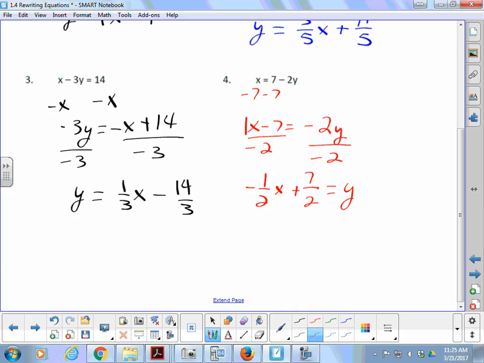All right? So the big thing is, remember, I want to get the y by itself, and I can only combine like terms, so if I'm adding or subtracting 7 from x, then it's x minus 7. It's not negative 7x or something else. All right, so don't forget that.